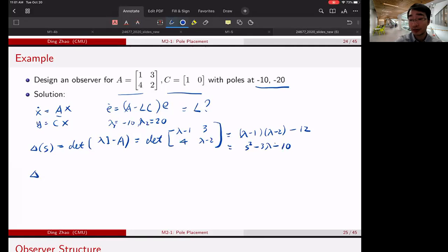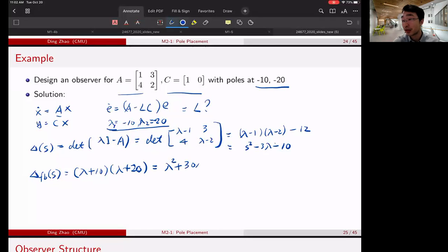And our desired feedback polynomial we already know, from the roots. That will be lambda plus 10 times lambda plus 20, so lambda squared plus 30 lambda plus 200.